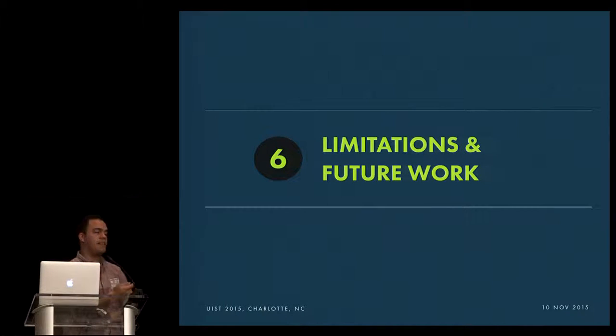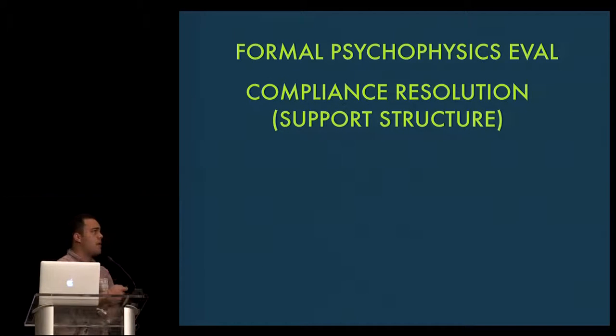With that being said, this work, of course, has limitations. For one, we did not conduct a formal psychophysics evaluation, primarily because it's a very difficult problem in psychology to factor in all these different types of haptic features. You can't really evaluate one in isolation because each of them informs one another.